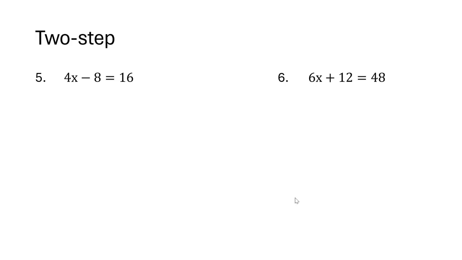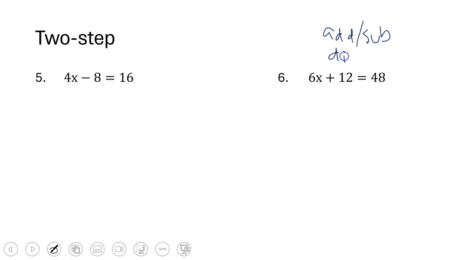Here is where we start to do our order. The number connected to x, say that 4, you're going to handle last. Any number connected to x is going to be your last step. Our first step is that addition, subtraction, opposite. So we do the add, subtract, opposite first, and then your division is last.